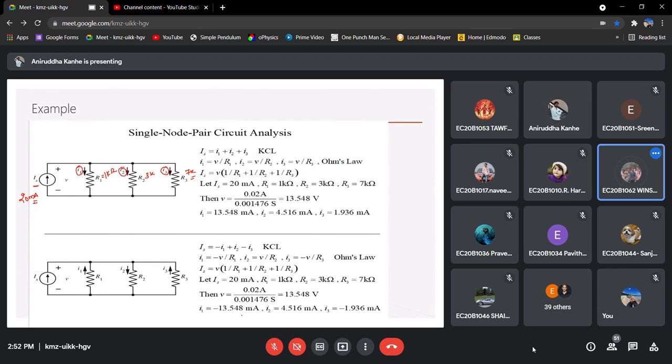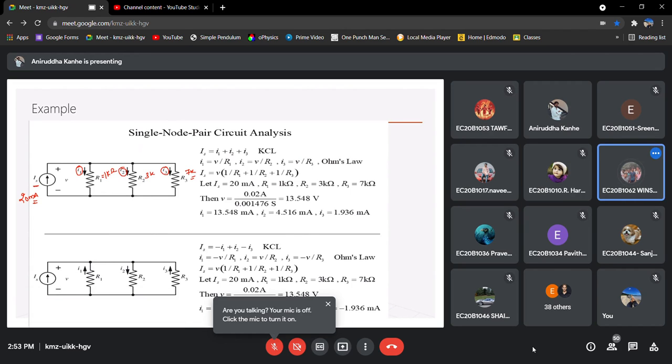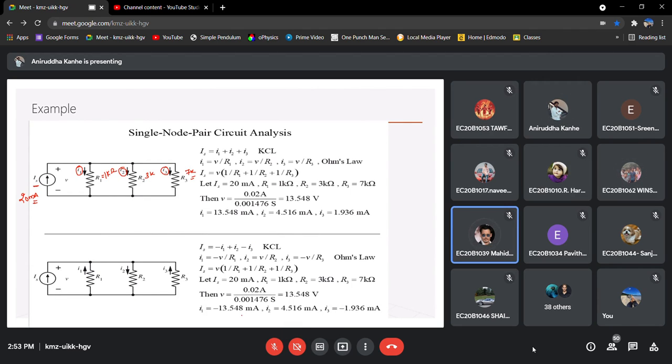So we'll find R equivalent. For how many resistances? All the three put together or only two? All three, I think. No, in that case, the current is already there with you. Only two, sir. Only two, right? I hope somebody got the point of what I was looking for.